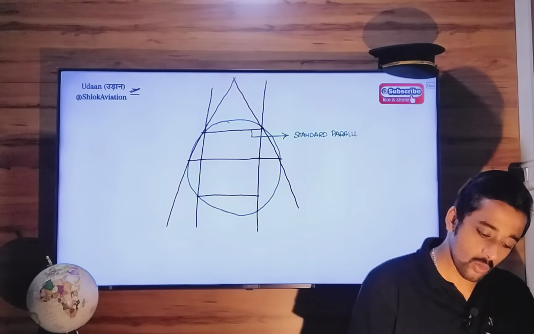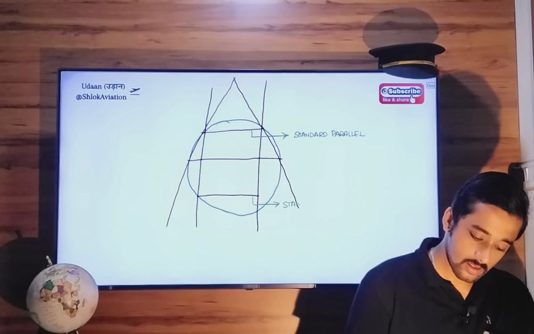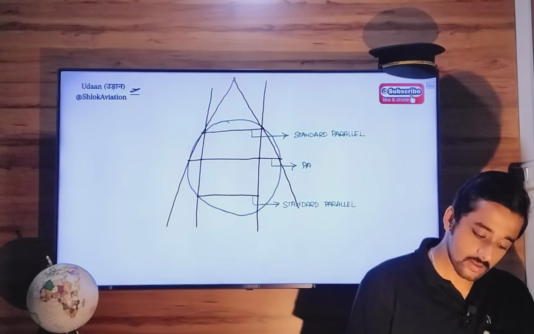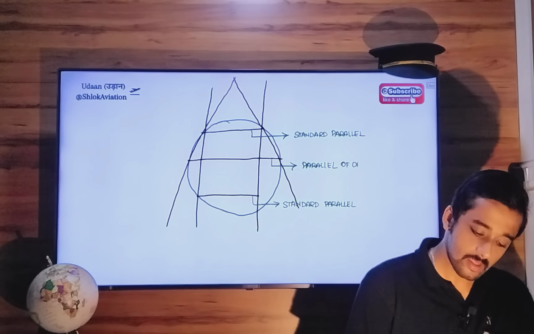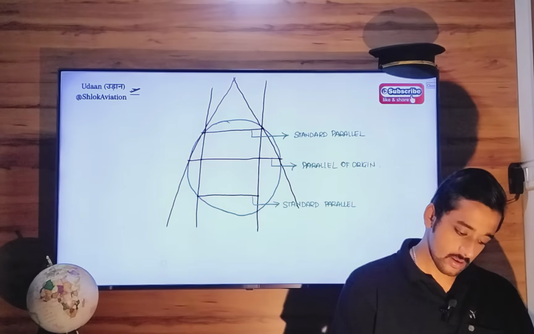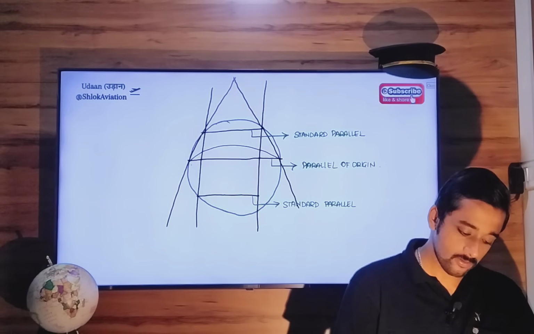Let's label this. So you have standard parallel number 1, standard parallel number 2, parallel of origin. So all great circles will be concave to the parallel of origin.